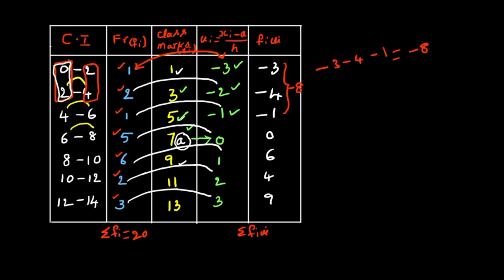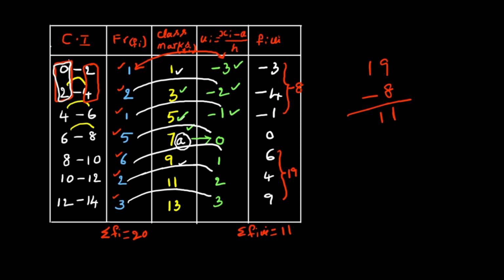Now the values after 0 are all positive values, that is 6 plus 4 plus 9, 6 plus 4 is 10, 10 plus 9 is 19. So we got 19 and minus 8. Now we have to add these two numbers, or you can subtract the negative value from the positive value, you will get 11. That 11 you can write as sigma fi ui.